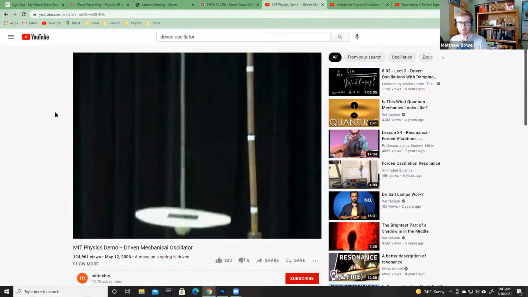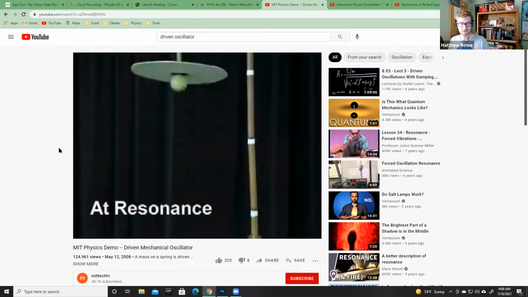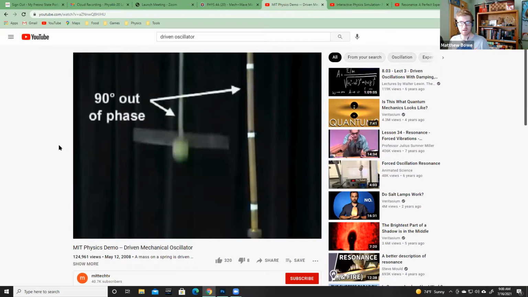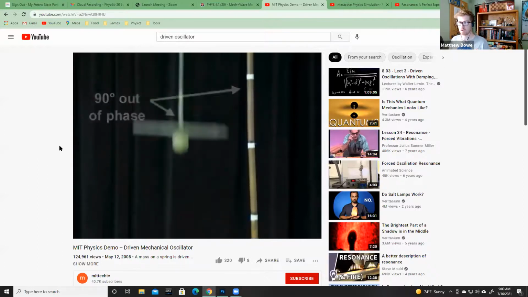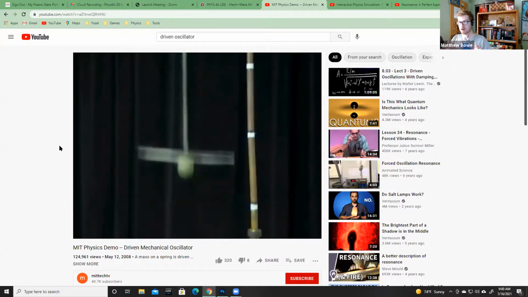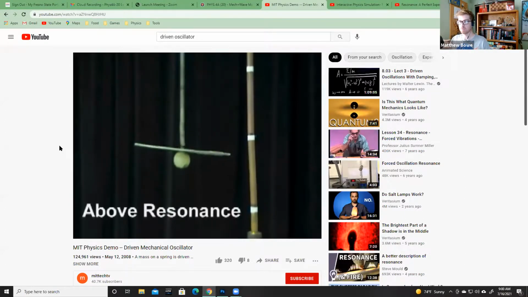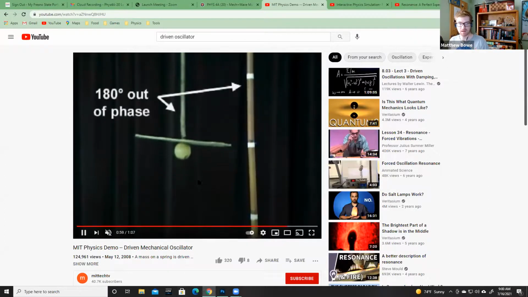However, if we have the correct phase, the correct push at the correct time, the oscillator will grow to a large oscillation, a large amplitude. And then if we have a phase that is a little too far, imagine the swing set again.